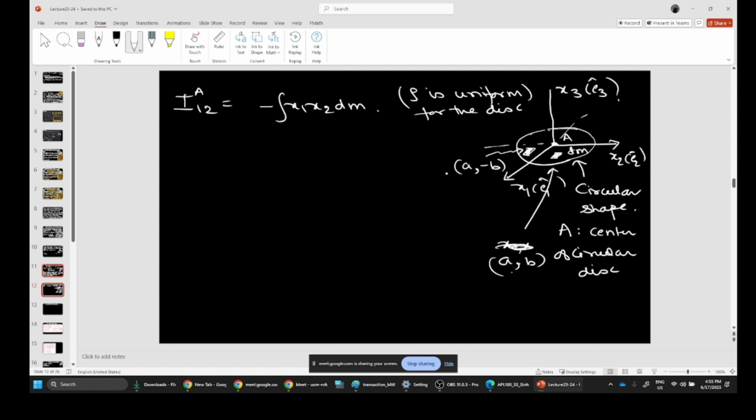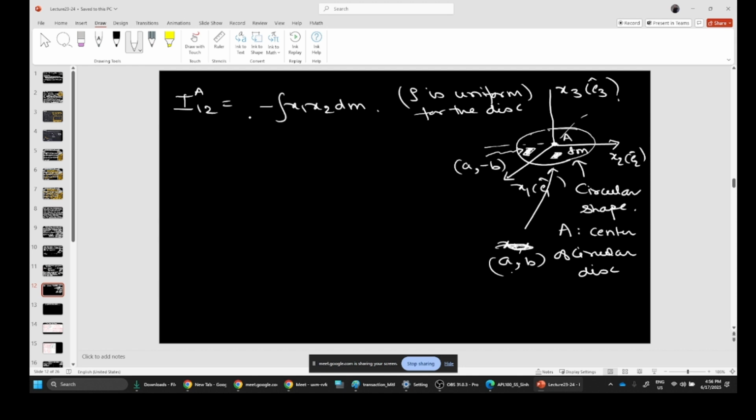Right? I hope you will agree. For every dm at a comma b, I can find another same amount of mass located at a comma minus b.